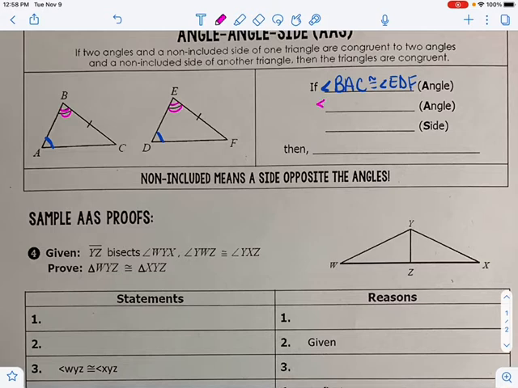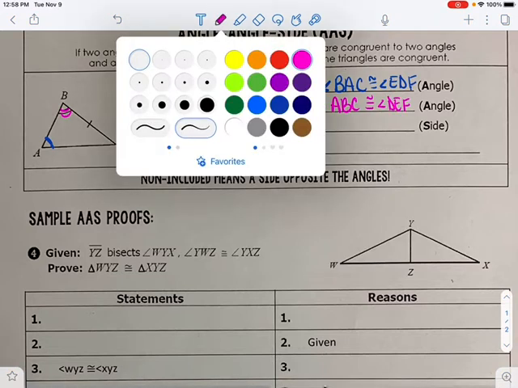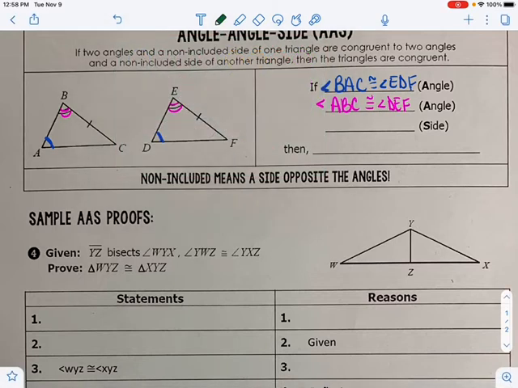So I could say angle ABC is congruent to angle DEF. And then we only have one set of sides that are marked to be the same. And those are sides BC is congruent to EF.